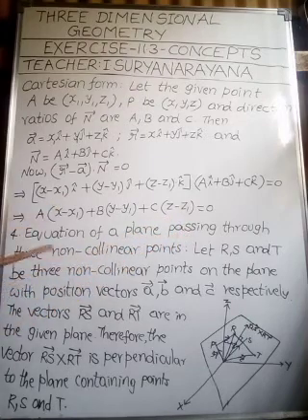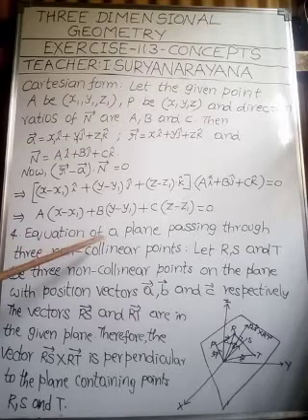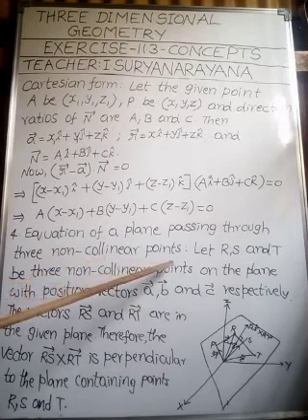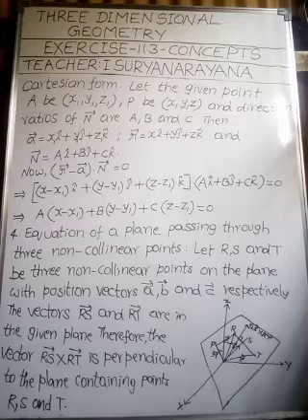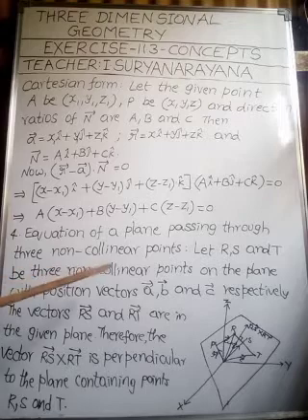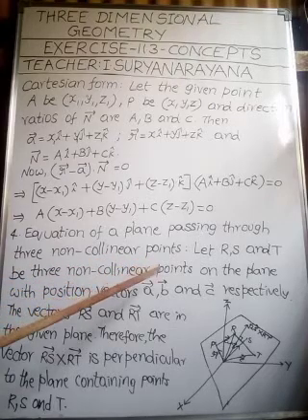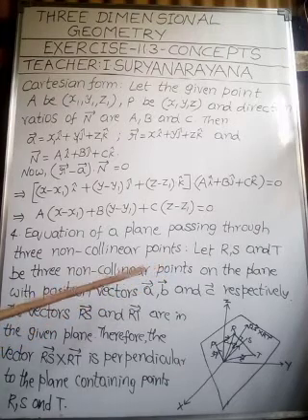Okay, my children. Right. Now come to the next point, that is the fourth point. Equation of a plane passing through three non-collinear points. Okay, my children, in the beginning of this exercise, we discussed there are three cases to determine a plane. This is the third case. If three non-collinear points are given, there exists one and only one plane passing through them.